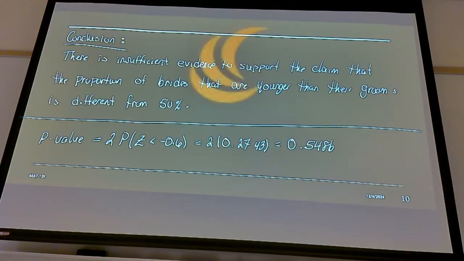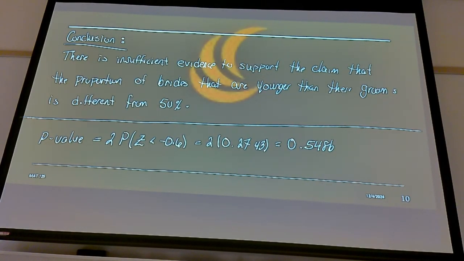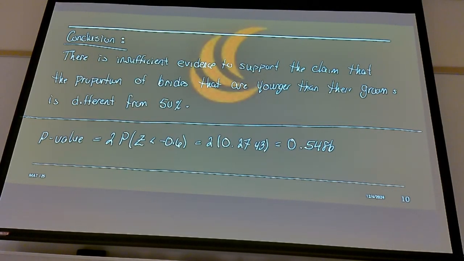That's from table B. Standard normal. I think I'm confused. Oh, negative 0.6, I see. Right, there's two table Bs. Well, two pages of table B. One for negative Z values, one for positive.